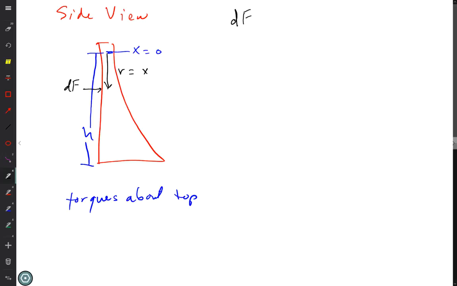Now for this one, I am going to use the actual full-on pressure that is using atmospheric pressure as well. So I'm going to say dF is equal to pressure times dA is equal to pressure atmosphere plus rho g x times width times dA.